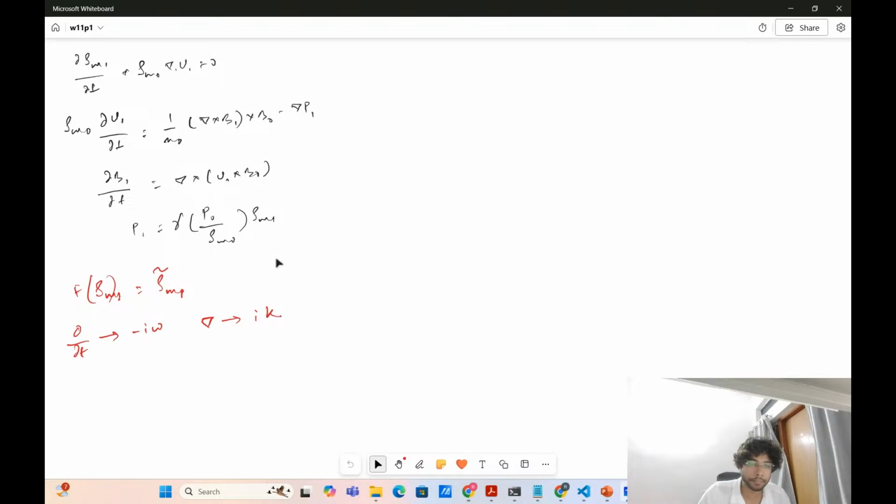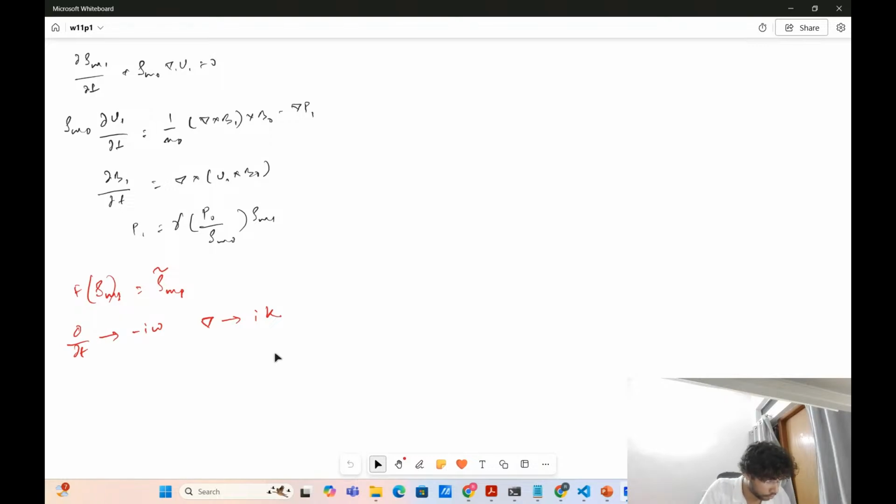Or you can think of these as a wave of the form e to the power of i(kx minus omega t), and if you take del t, you will get this, and if you take the spatial derivatives, you get this. Okay, now we're going to see what each equation becomes.